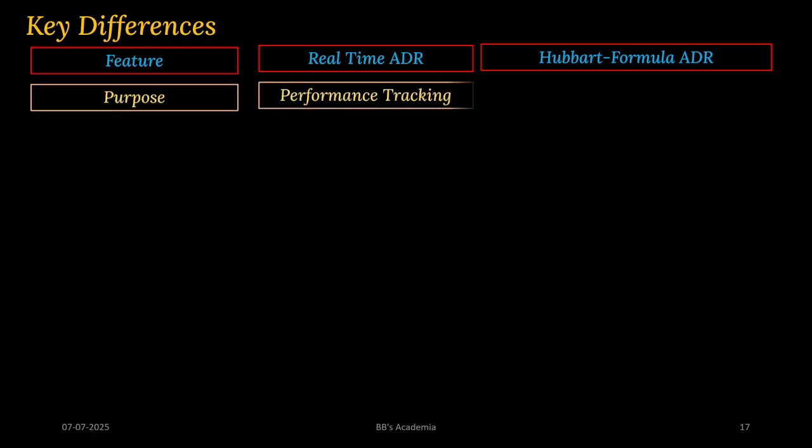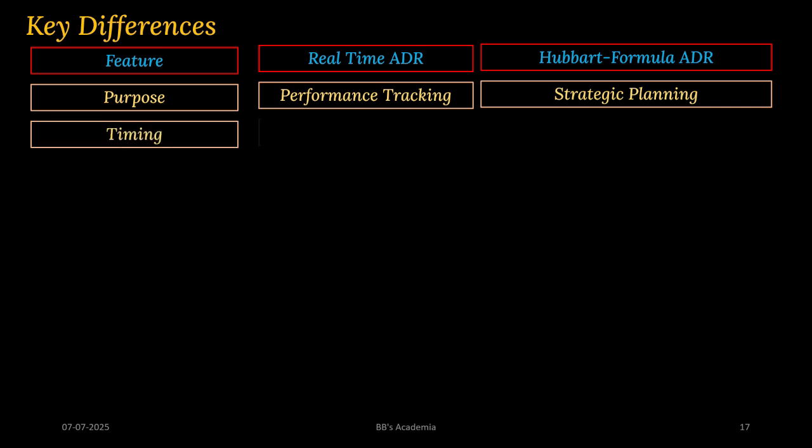Number one, purpose. Real-time ADR will help you to track your performance because it is real time. And Hubbart formula is basically strategic planning. That means before you start the business, you calculate, you estimate, and depending on that, you develop your strategy and planning. So Hubbart formula is based on planning, and real-time ADR is the actual performance tracker.